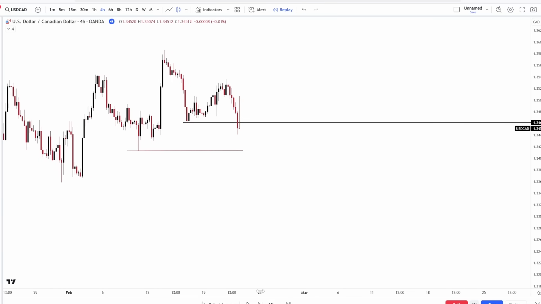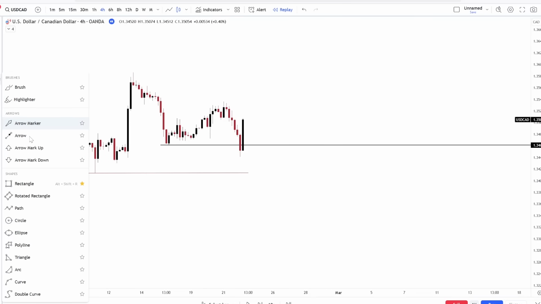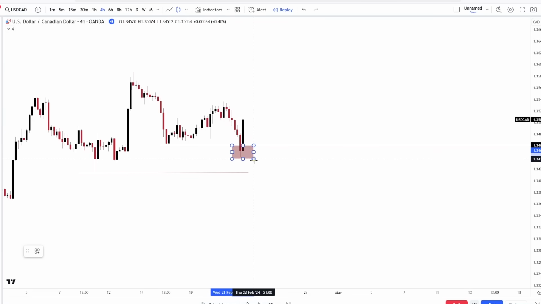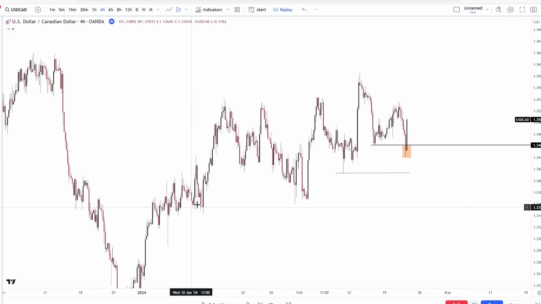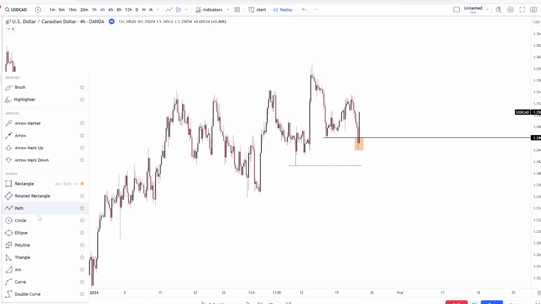And what happened here? You had your stop hunt. Why? Because price is bullish. As you can see, price is bullish. So we can continue this exact trend.